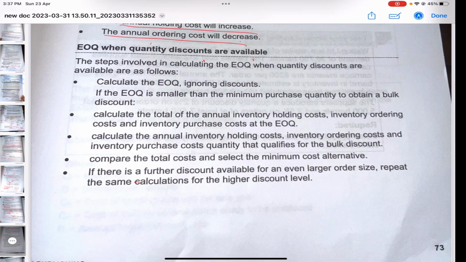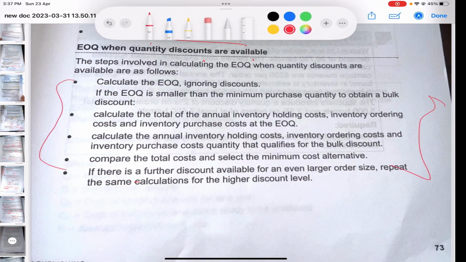This is something which we'll do practically, but I'll just give you a gist of it. For example, let's say if I buy 10 goods, then they're going to sell them for 10 rupees total. But if I buy 20 goods, they are going to sell them to me at 50 rupees total. Now after a few days, if I buy 10 again, then I have to pay the entire 10.